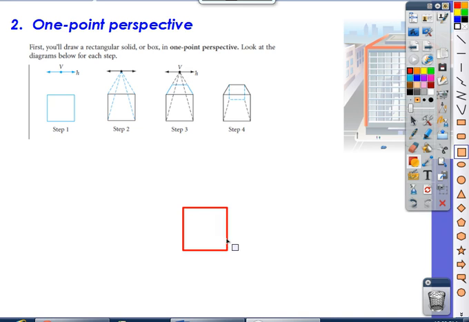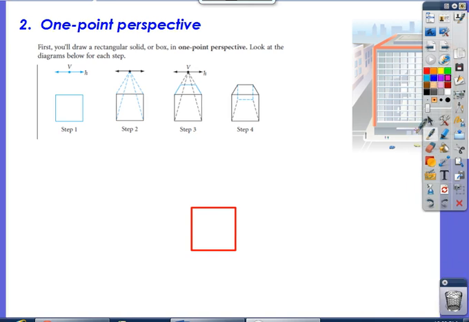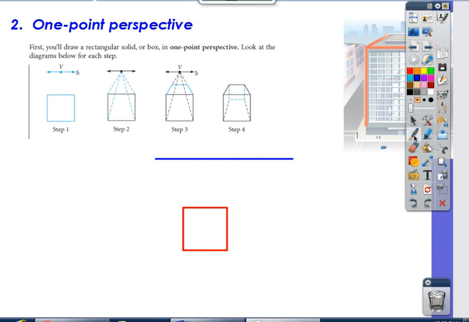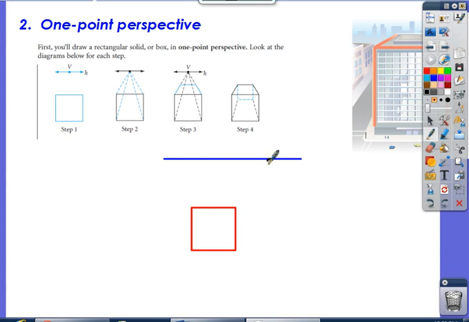That's the first step. The second thing you do is you draw a line, a straight line, anywhere because you're going to make your vanishing point. So I'm going to make mine right about here. And I'm going to put my vanishing point right anywhere on that.